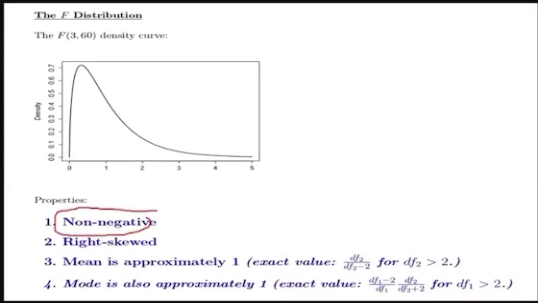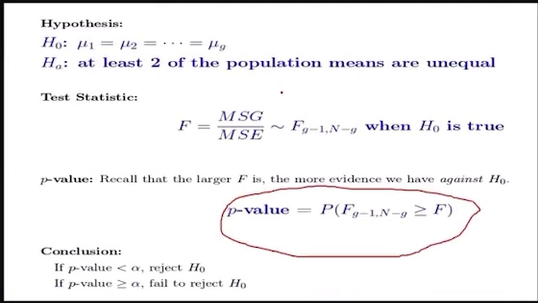It means the value that you get for F all the time has to be positive. There's no negative. Why? Because don't forget, you square something. When you square something, you're not going to have a negative. So whenever you compute your F and you have a negative, that's a red flag. Does that make sense? F is always positive.